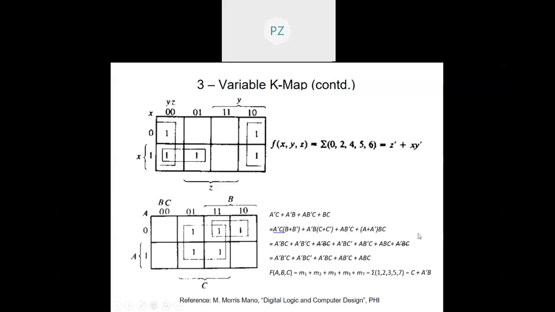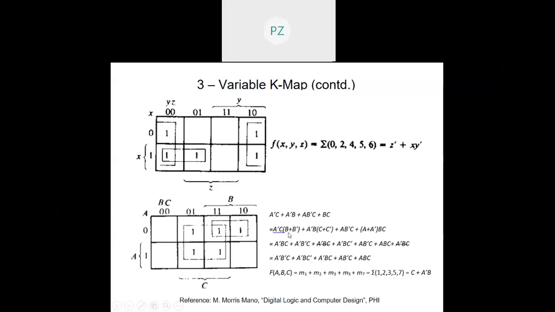Now, this I'm not going to do anything because it contains the three variables already. This doesn't contain the three variables. The one which is missing is A. So what I'll do is I'll AND it with A plus A dash dot BC. So now I use the distributive property. When I use the distributive property, let me write it, A dash BC plus A dash B dash C. I can use it because that is commutative.